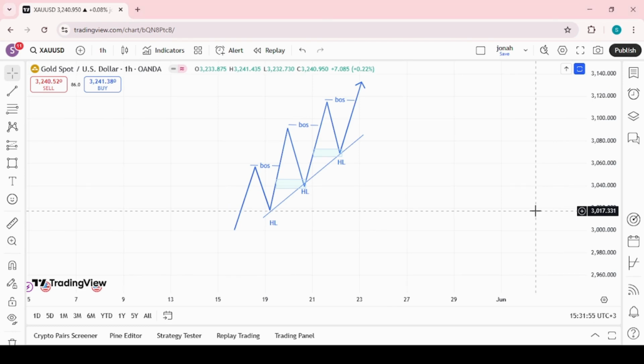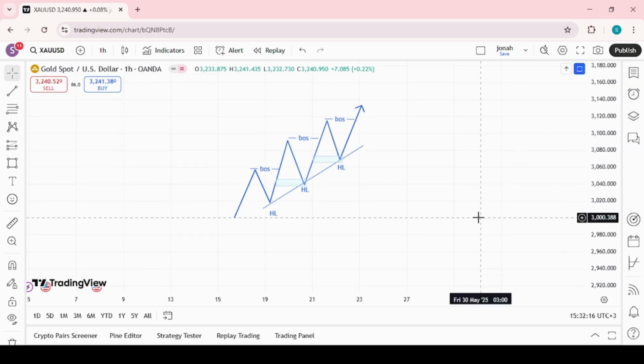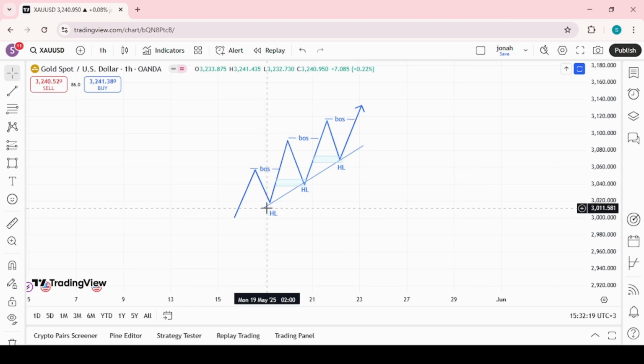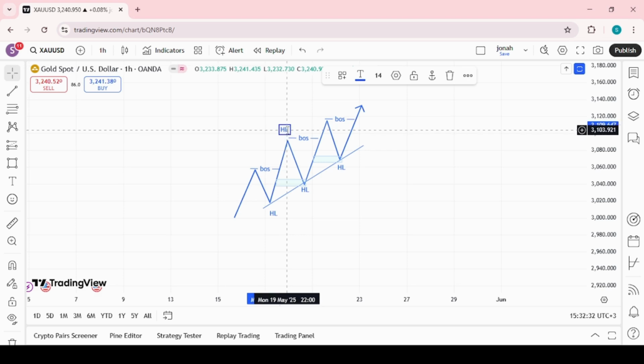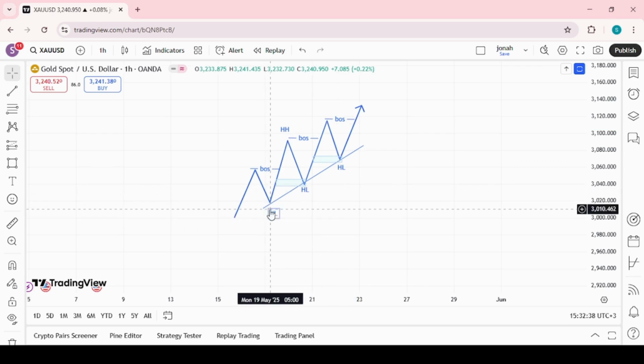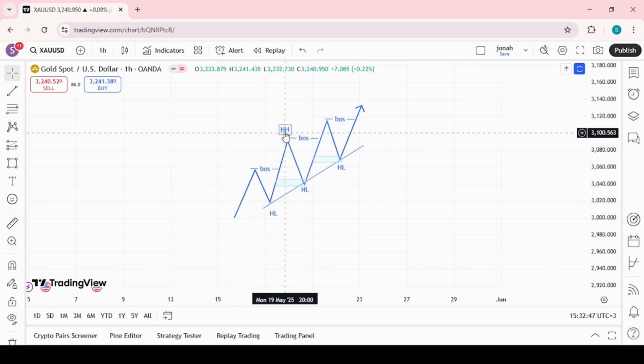And I'm sure you're wondering, how do we actually get these points of interest, or where price is expected to react from? Inside these swing points, let me say from the previous swing low to the next swing high, inside this area between the previous swing low and the next swing high, we expect to have our order blocks.